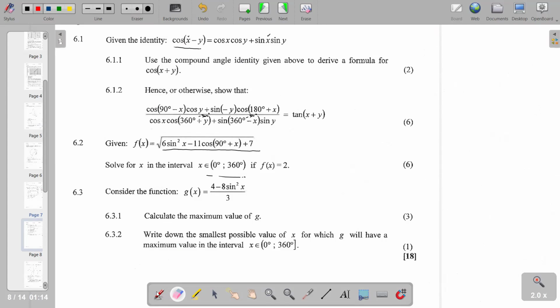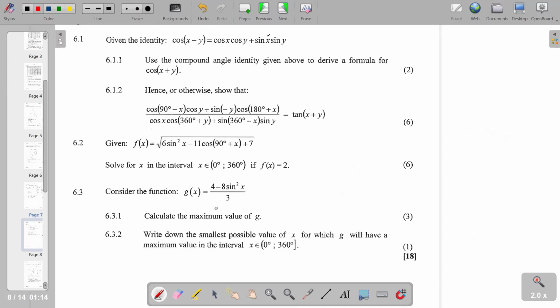On question 6.3, you are given that G is equal to 4 minus 8 sin squared x, all over 3.